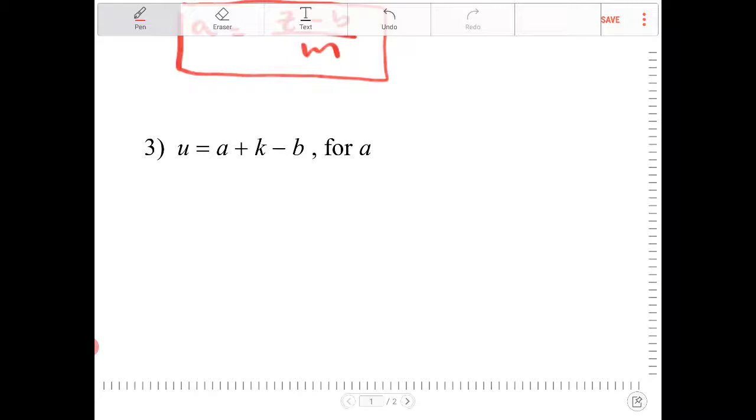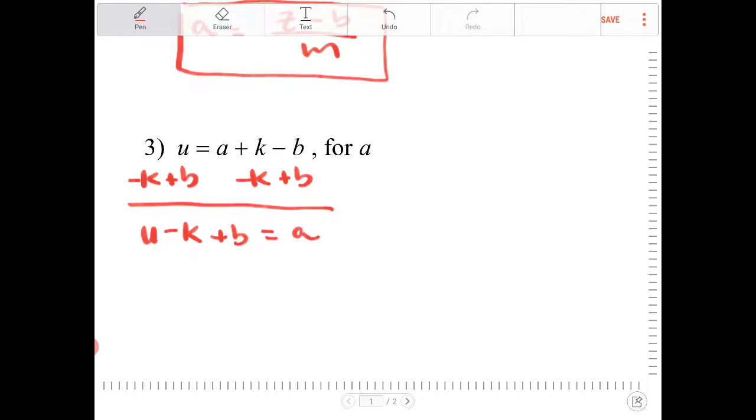Same thing with multiplication and division, takes no order. So let's take a look. I'm going to subtract K and add B to both sides. If you do this, you'll end up with U minus K plus B is equal to A. That's all it is.